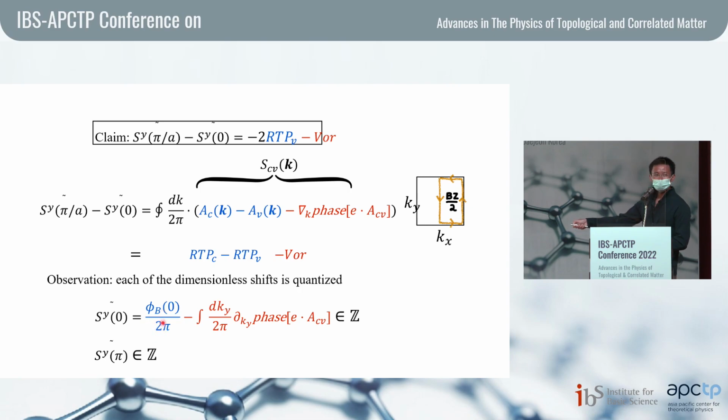And the Bravais phase, I told you in the previous slide, is always quantized to 2 pi times an integer. And then there's this additional term, which can only be 2 pi times an integer as well. Then you divide by 2 pi, so it's always an integer. Similarly, the dimensionless shift at kx equals pi is always an integer. That's going to be useful later.